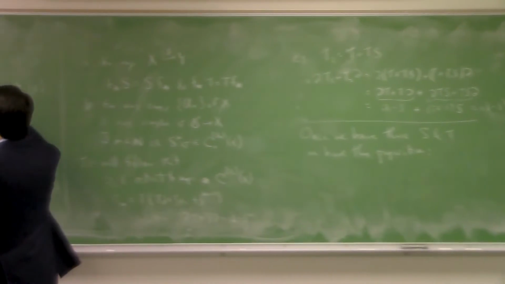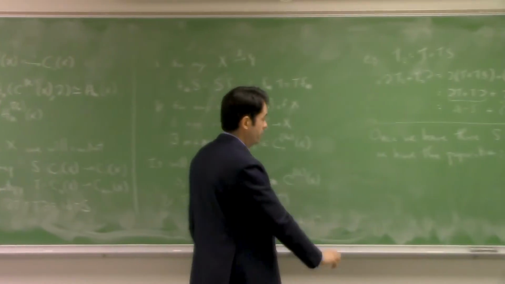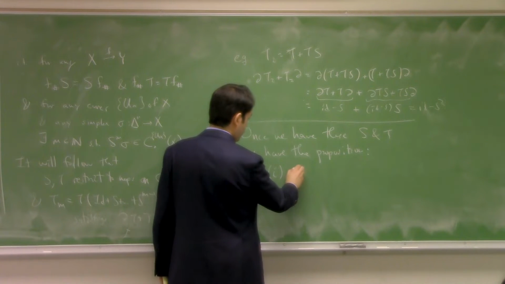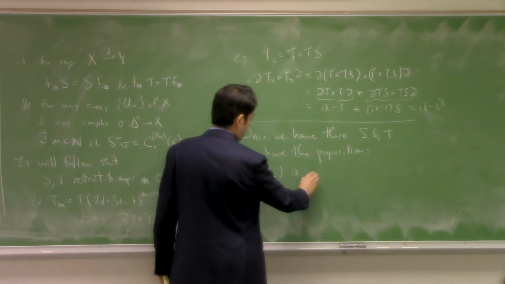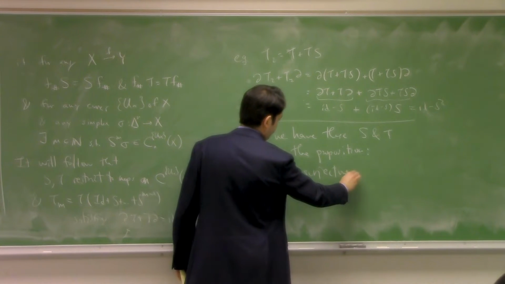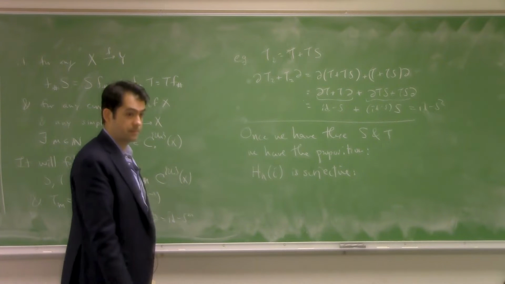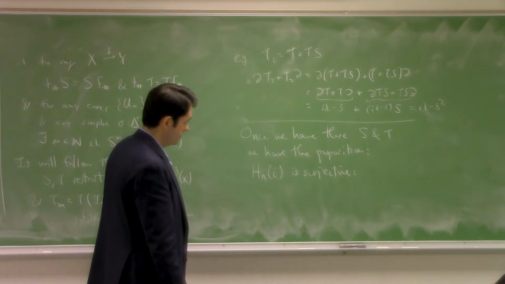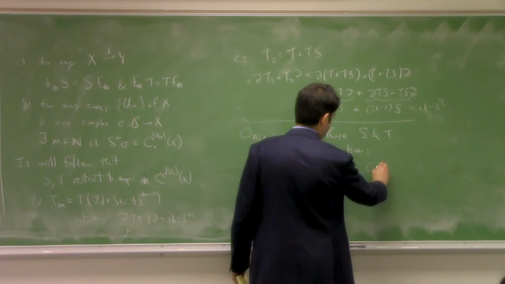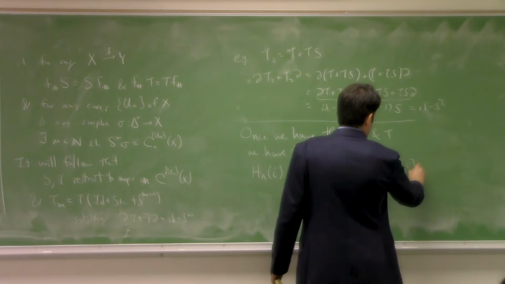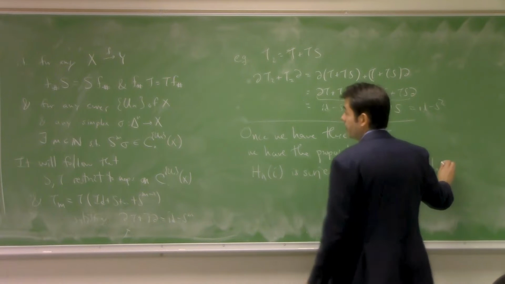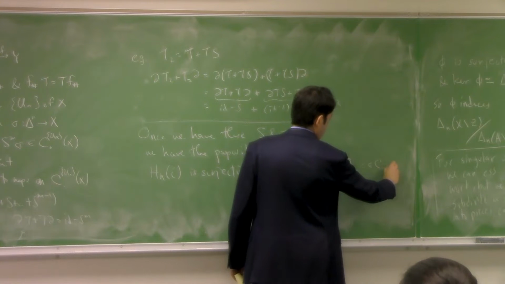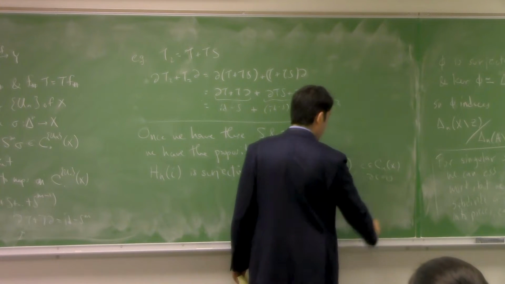So here, let's call this inclusion I. So let's check that H_n of I is an isomorphism. Let's check that it is, say, surjective. Okay, so you give me a homology class in H_n of X, so it's represented by C in C_n of X with boundary of C equal to 0.